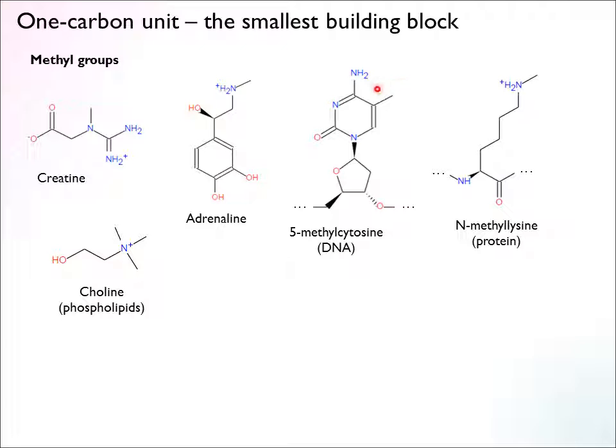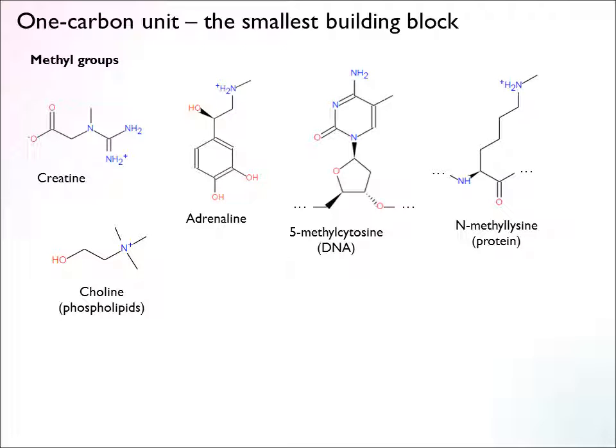But you also have methyl groups in other places, like in methylcytosine, in methylated DNA. You have a methyl group attached in this position on the pyrimidine ring. And also in proteins, we have a lot of methylation reactions. So lysines are typically methylated also on a nitrogen. In lipids as well, we have a lot of methylation going on.